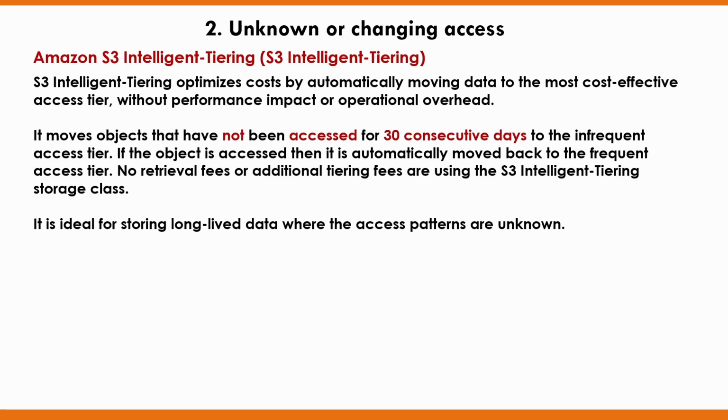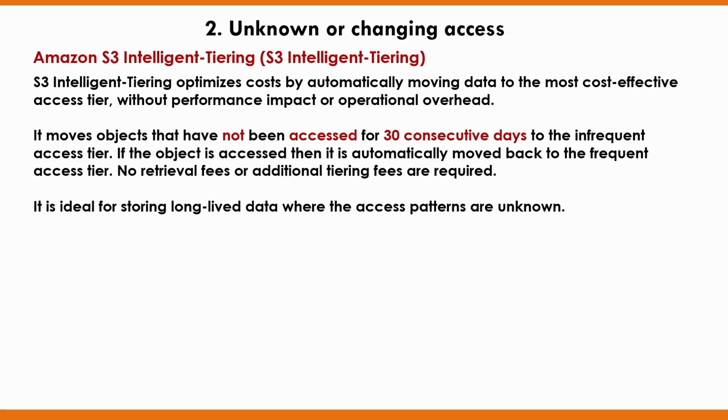Let's see the next storage class, that is unknown or changing access. So we have S3 Intelligent-Tiering. If you don't know whether you have to go for S3 Standard or S3 Infrequent Access, you can use this particular storage class, S3 Intelligent-Tiering. This optimizes cost by automatically moving data to the most cost-effective access tier without performance impact or operational overhead.